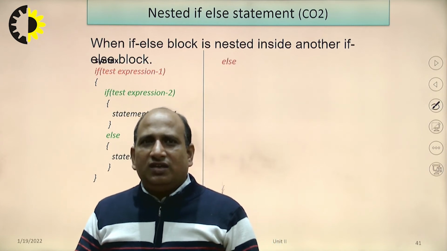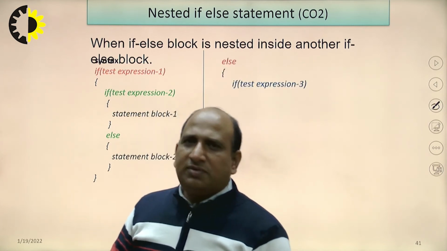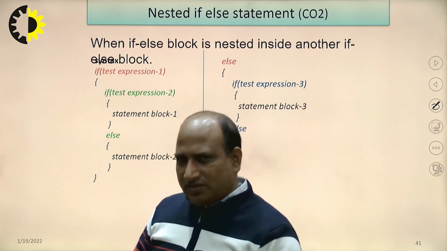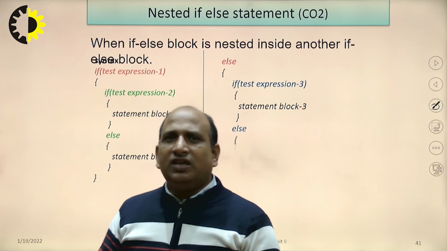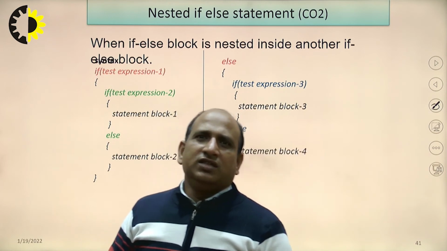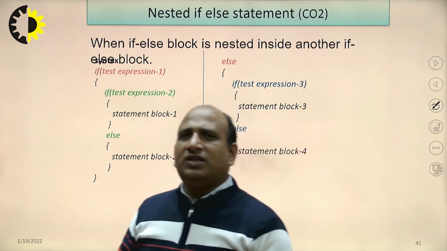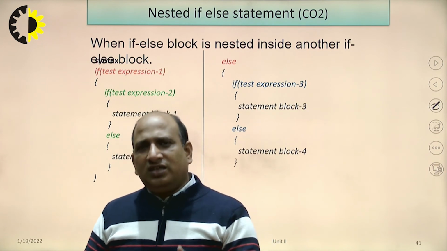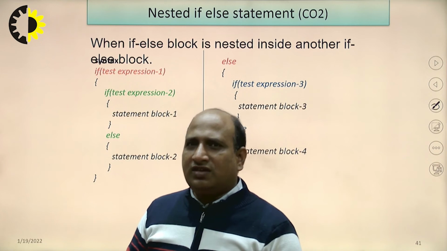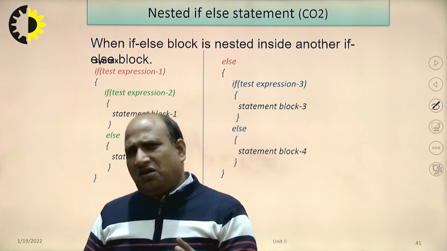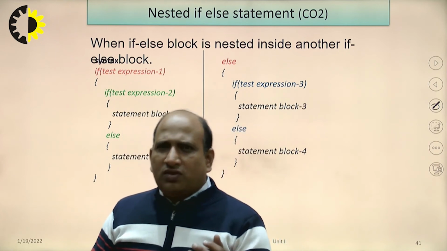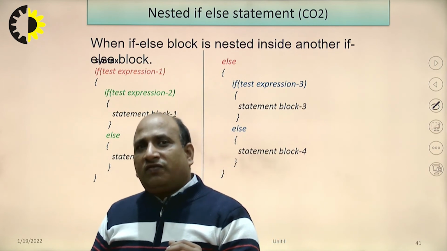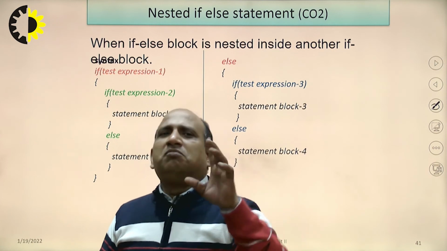And here I have written the else part also, and in the else part I have checked a condition, test expression 3. If test expression 3 is true, then statement block 3 executes, and if test expression 3 is false, statement block 4 will execute. Now understand the thing. To reach test expression 3, the first test expression 1 must be false.